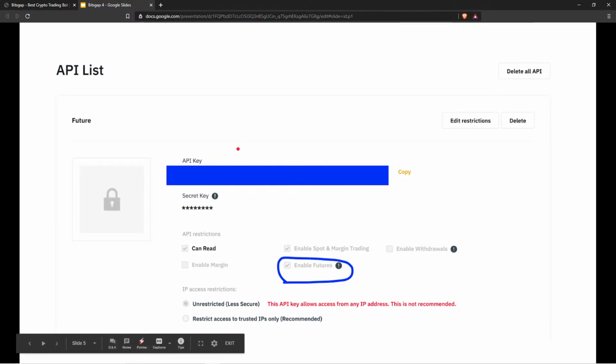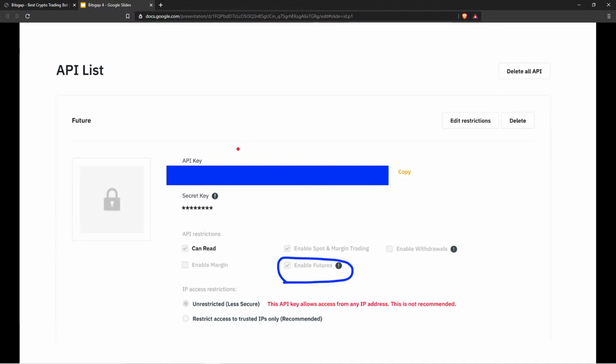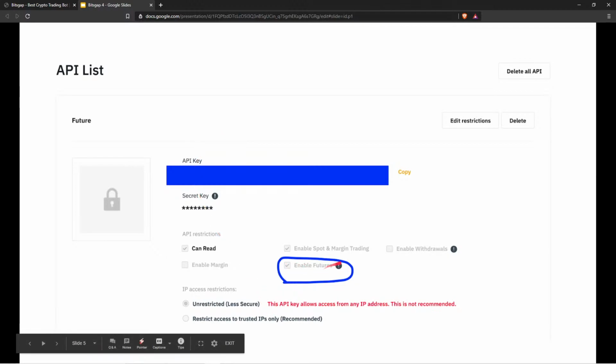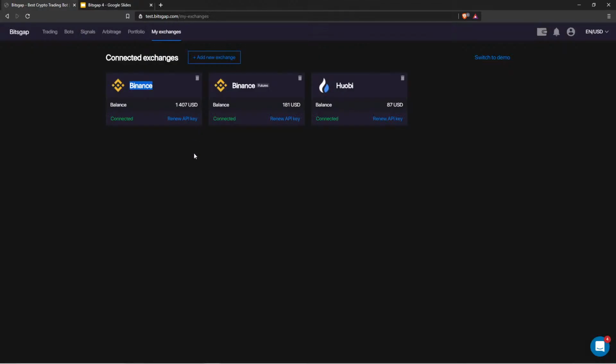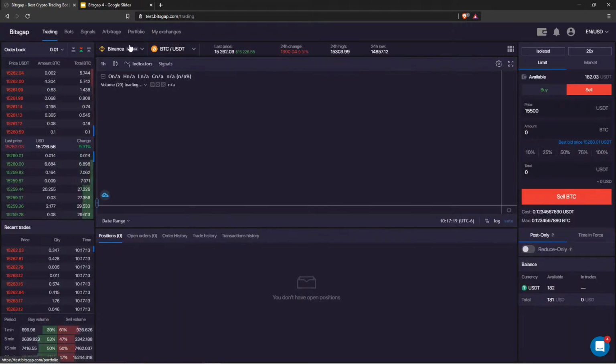So once again, step 1, open API management on the Binance exchange. Step 2, create a new API key. And step 3, enable futures trading. Now you can go trading futures through the Bitsgap platform.